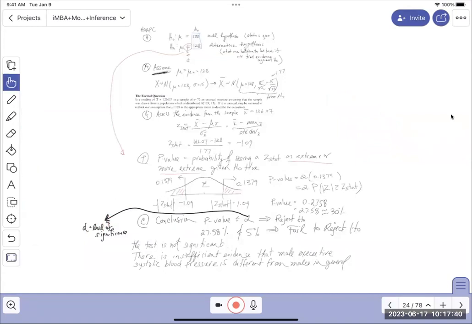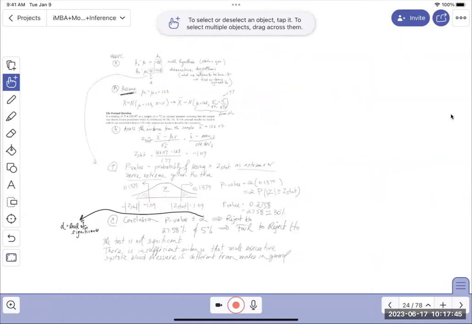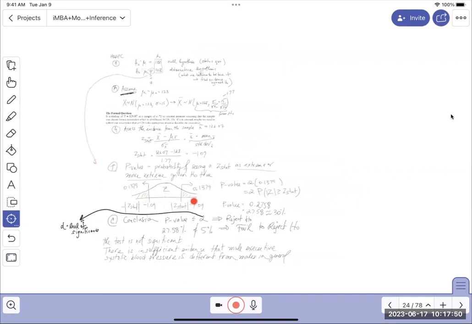What we're doing right now is testing to see if our test statistic falls outside, in the extremes, beyond what's considered acceptable.